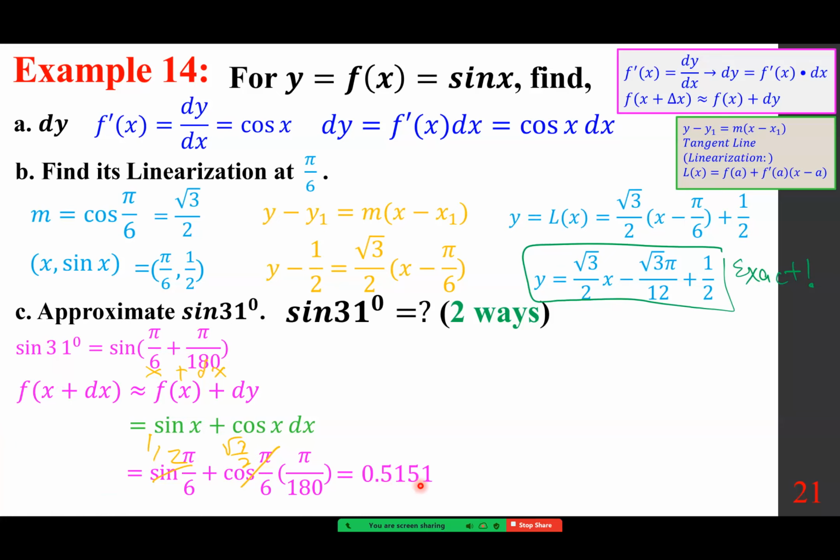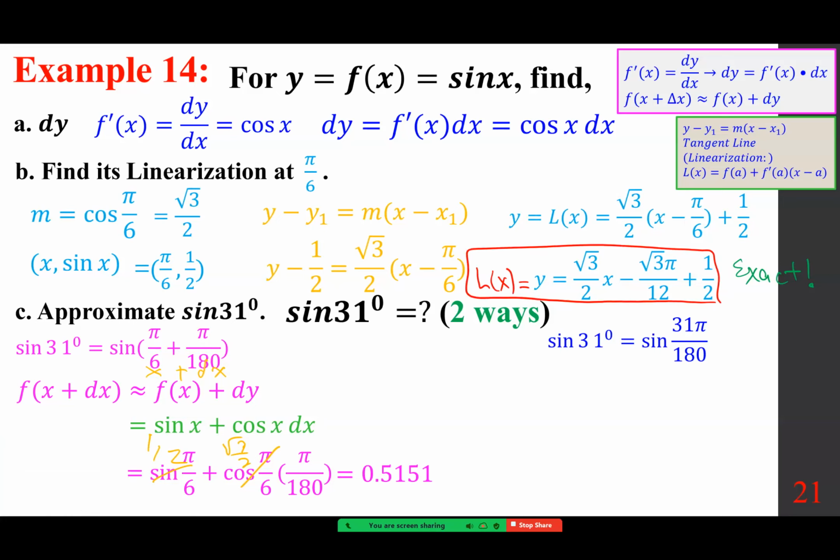If you do it the second way using this formula, which is the linearization, we've already done the job. And so if you call this L of x instead of y, everybody, you call this L of x.